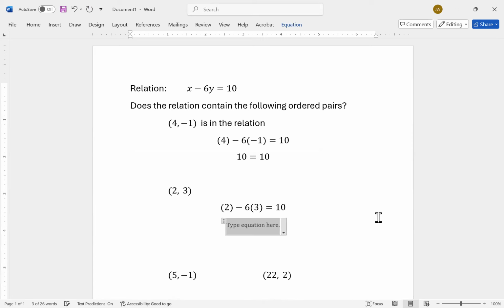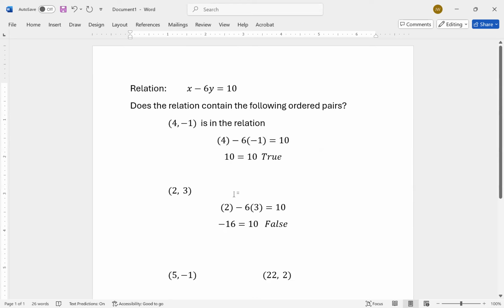And then I simplify both sides of that equation. I would get 2 minus 18, which is a negative 16 on the left-hand side, and then a 10 on the right-hand side. Obviously, that is false. Maybe I should have written in the previous one that that's obviously a true statement. Since it's a false statement, then (2, 3) is not in the relation.